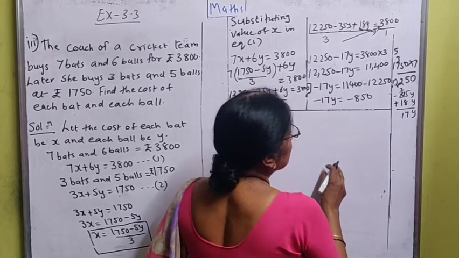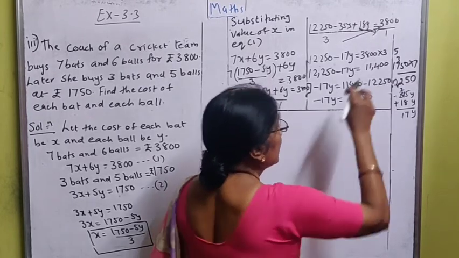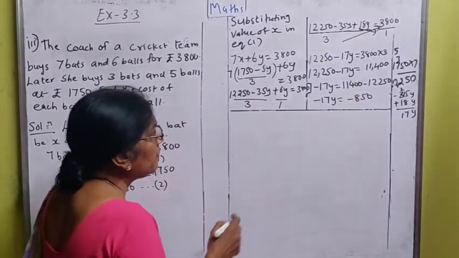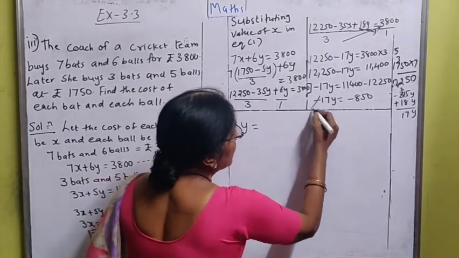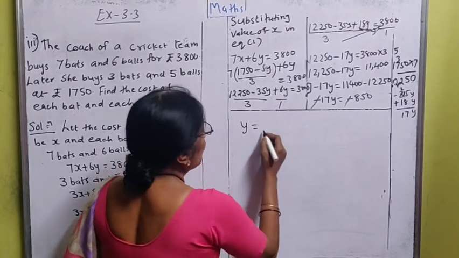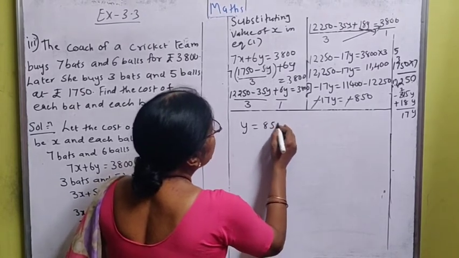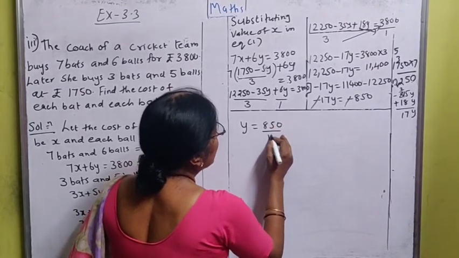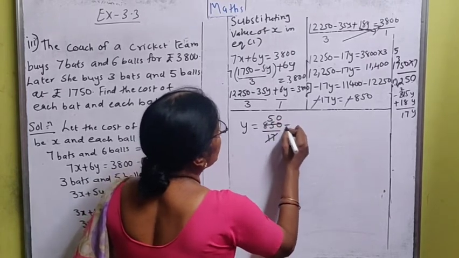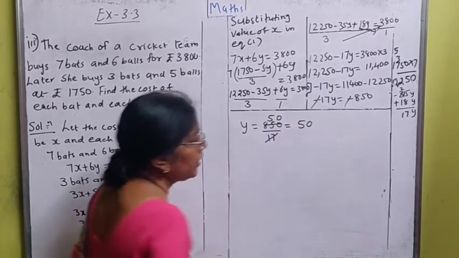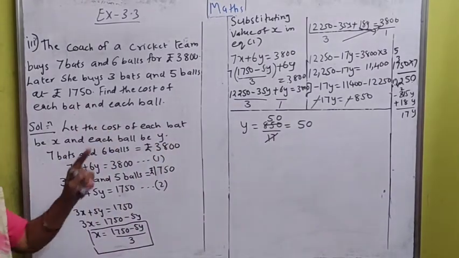Because the greater number has the minus sign. So what will be the y value? Both sides the minus sign is there, so they cancel. So y is equal to 850 divided by 17. 17 5s are 85, so 50. So y is 50.